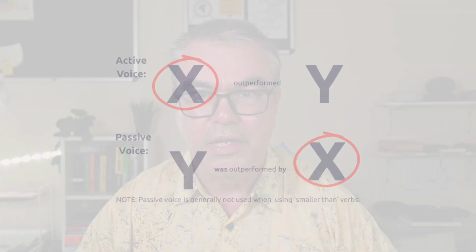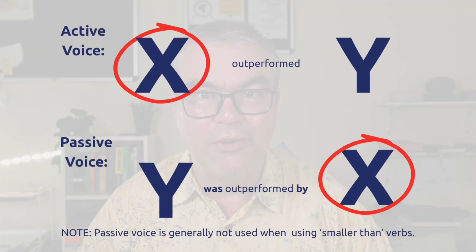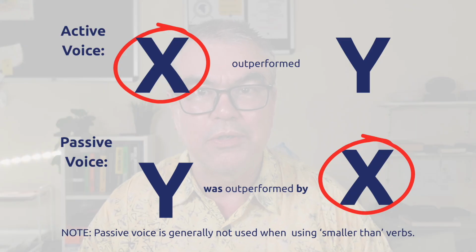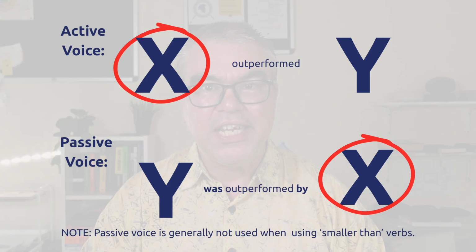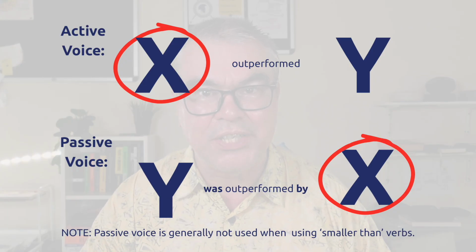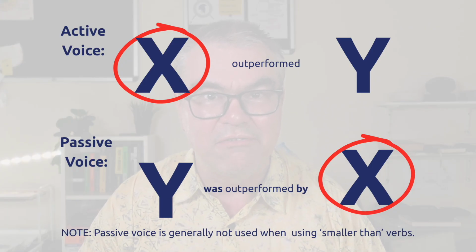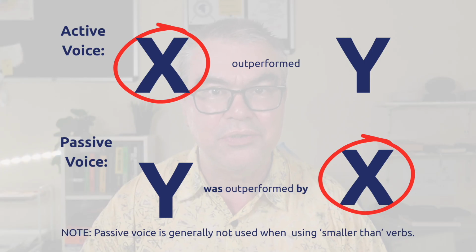Note that when you use the passive, you might have to reverse the variables. Here's what I mean. So in the active voice, we have X outperformed Y. If you want to write the exact same information in the passive voice, then you need to reverse the variables.